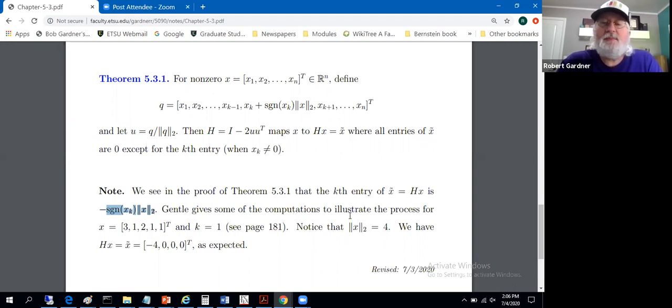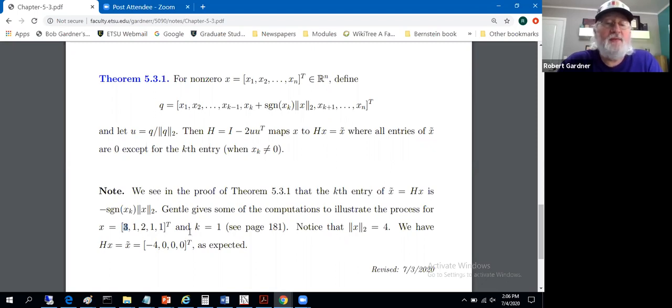Gentle gives some computations to illustrate this. Page 181 considers this vector x with components 3, 1, 2, 1, 1. So it's from R5. K equals 1, so it's the first component that will be non-zero when we do the transformation.